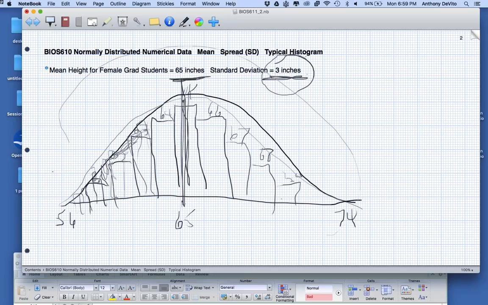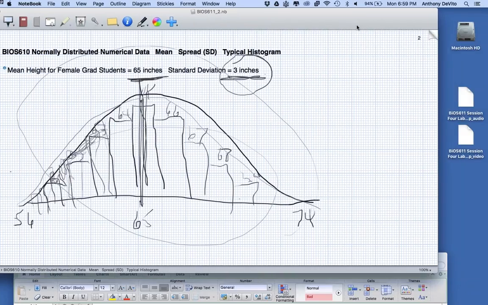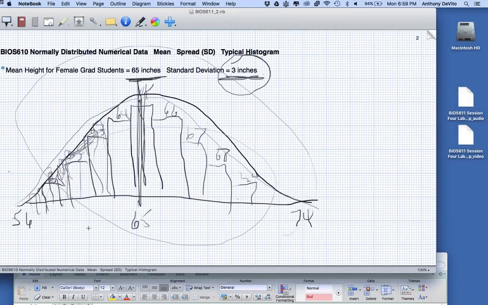That would represent almost all of the population. You might have somebody a little taller or a little shorter, right? But that'd be a pretty uncommon outcome, right? So 99.7% of the population is probably going to be within that range. We came up with that number for a reason.